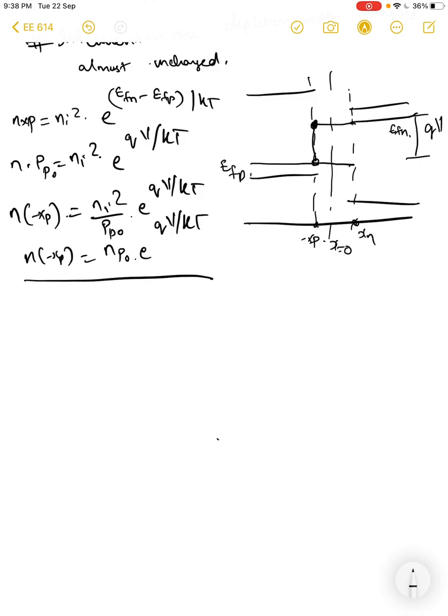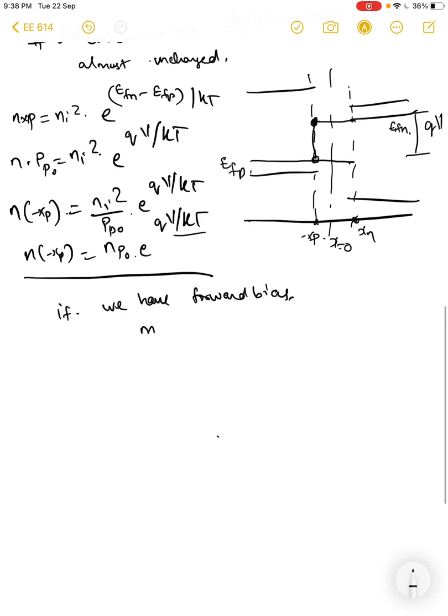And you can see that if we have forward bias, then the minority carrier injection from the n side to the p side grows exponentially with the applied bias V.